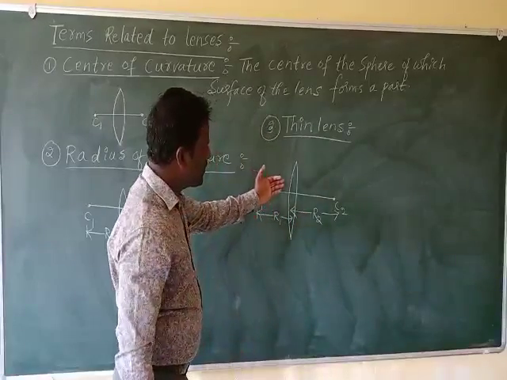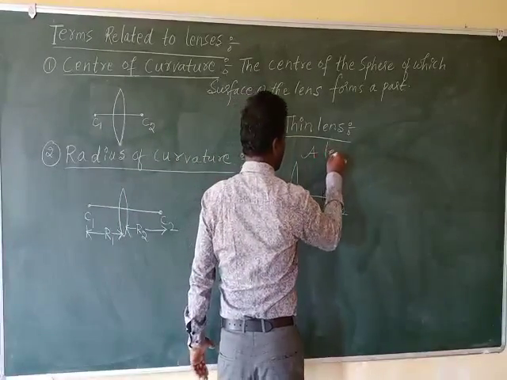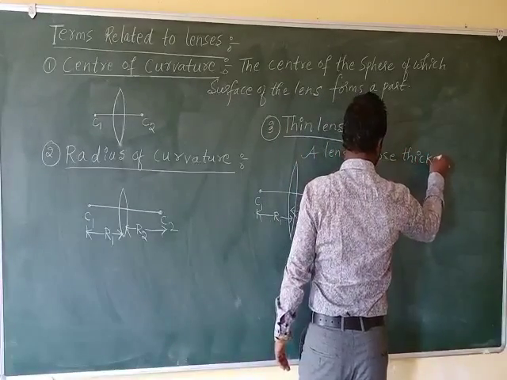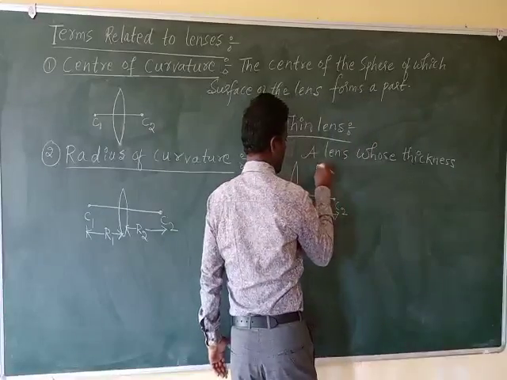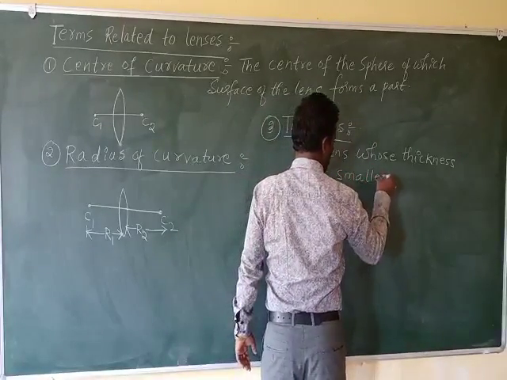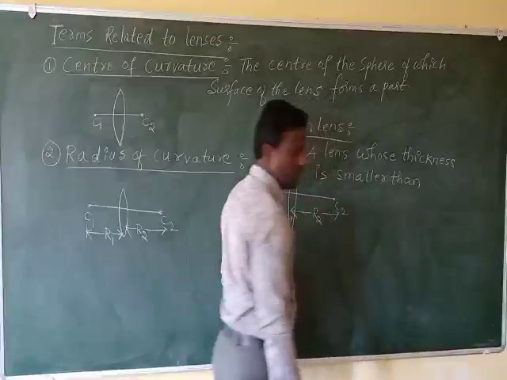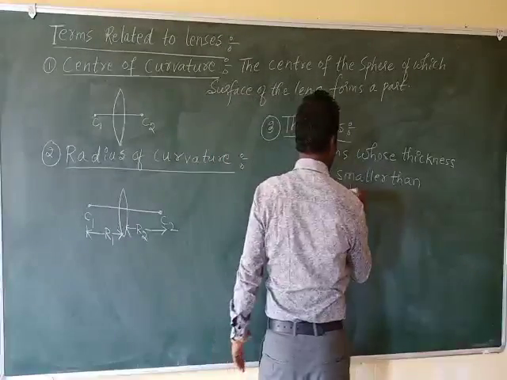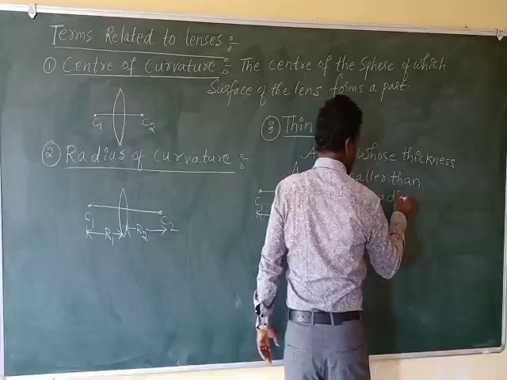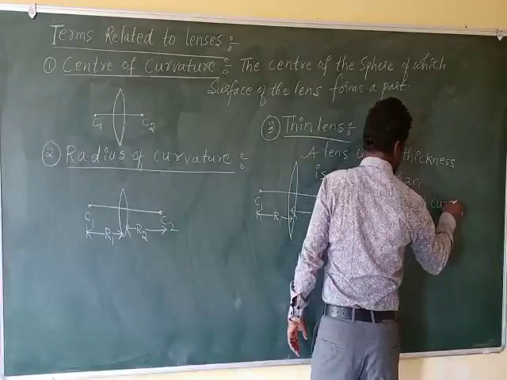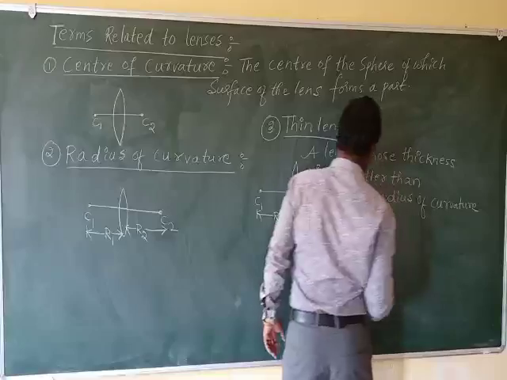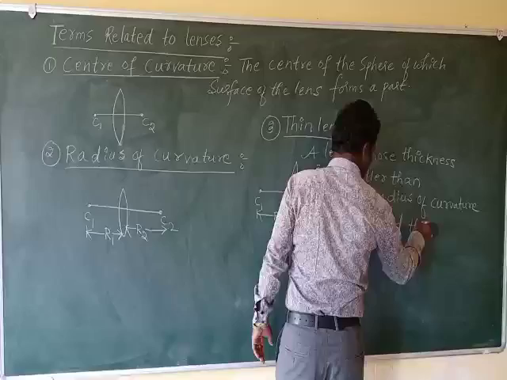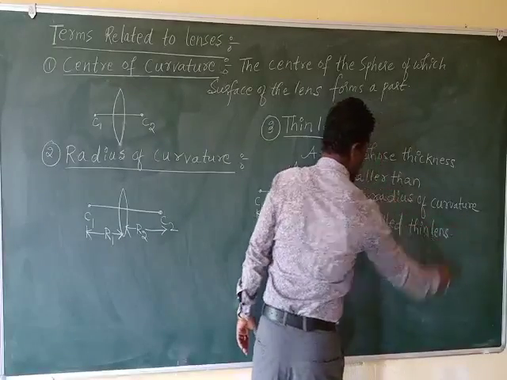So a lens whose thickness, whose dimensions of size, is smaller than the radius of curvature, that lens is called a thin lens.